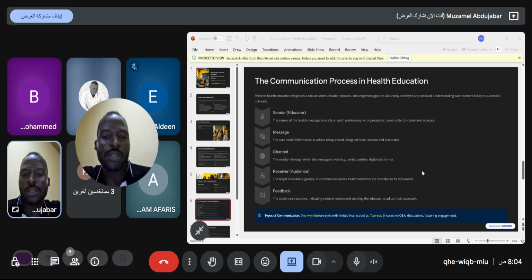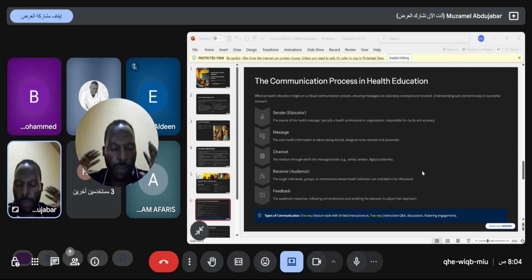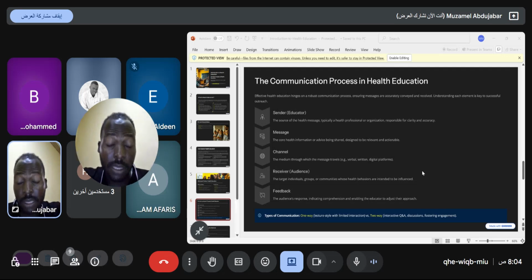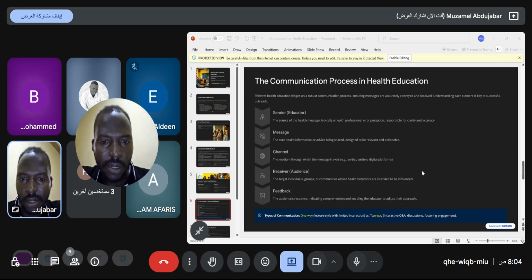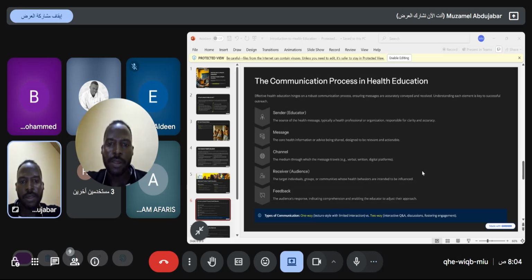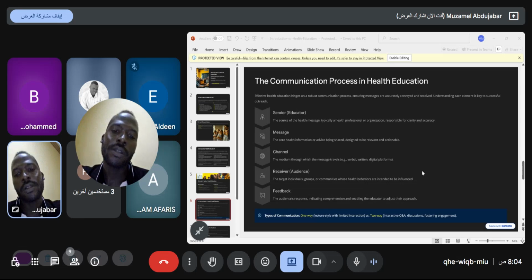Last is the feedback, showing whether those receiving it understood the message. So there are five elements: sender, message, channel, receiver, and feedback.